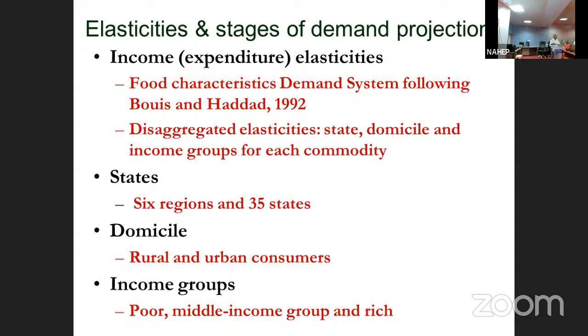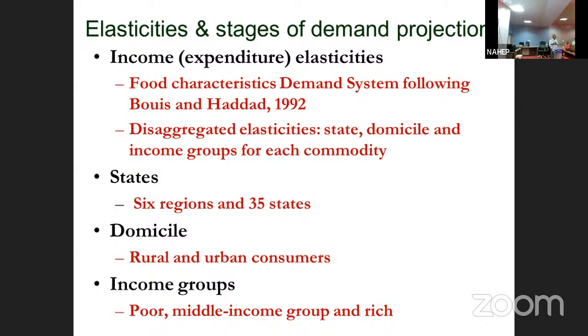You can do minimum 4 to 5 income groups, so 350 cells. Do the demand analysis for 350 cells separately, for elasticity, for everything. And then you add all together. That will be the best demand for each commodity, as you are taking into account the diversification.